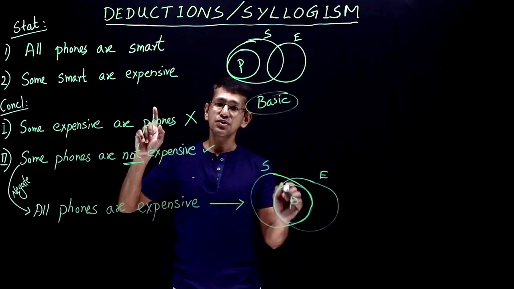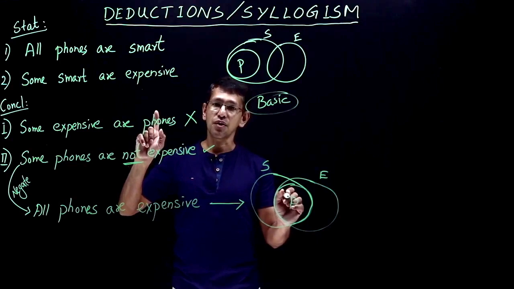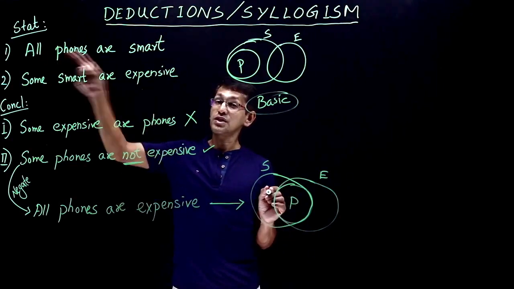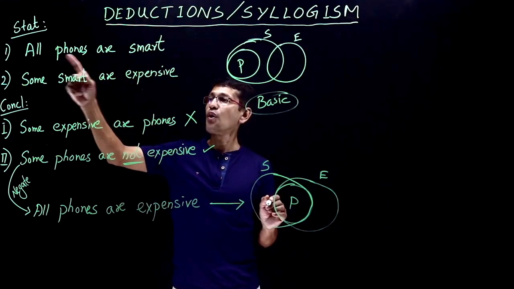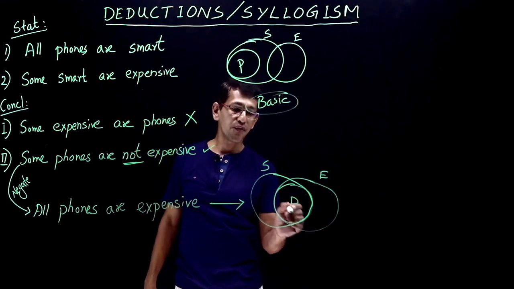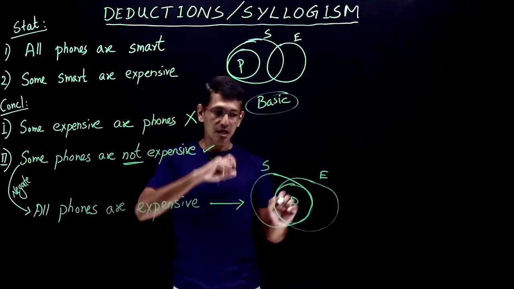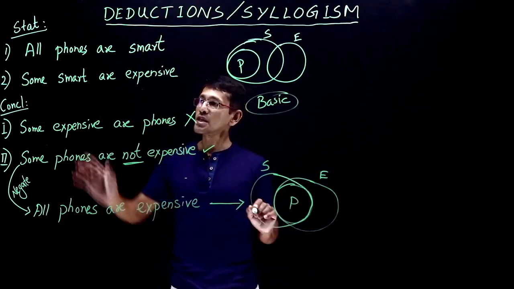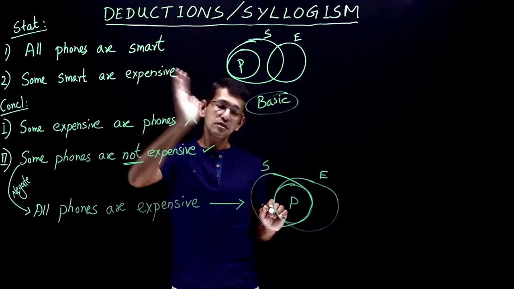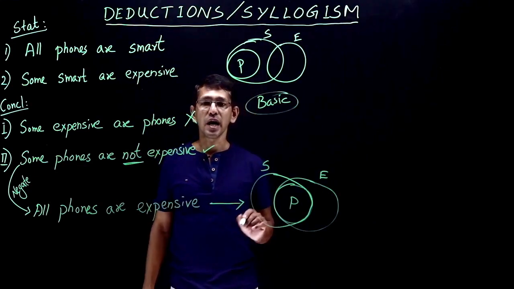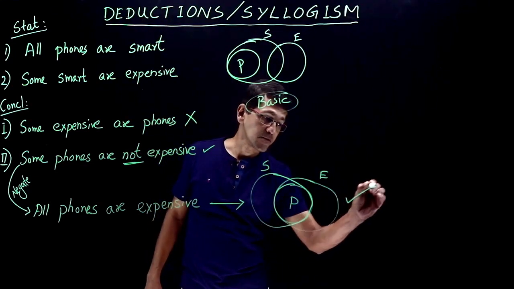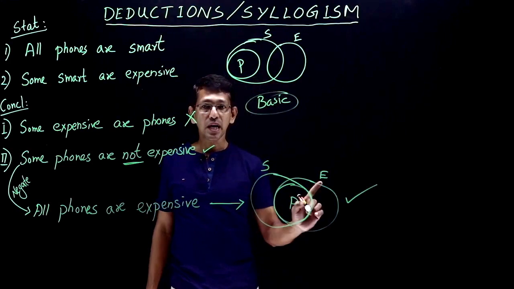Let's check it with the original statements. All phones are smart. Yes, all phones are smart. Some smart are expensive, yes. That means whatever is given in the statements is true for the new diagram. So the new diagram exists.